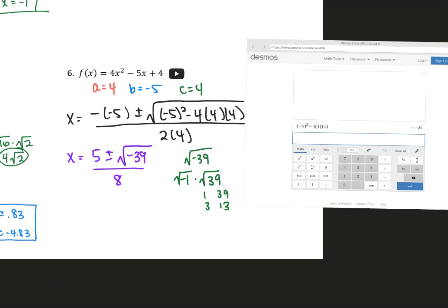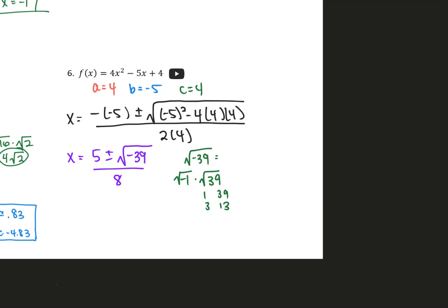I believe those are the only factors of 39, and none of these are perfect squares, which means the only way that we can simplify the square root of negative 39 is to simplify the negative, which we know becomes i. So this ends up being i times the square root of 39. So fully simplified, our answer is 5 plus or minus i square root of 39 over 8.